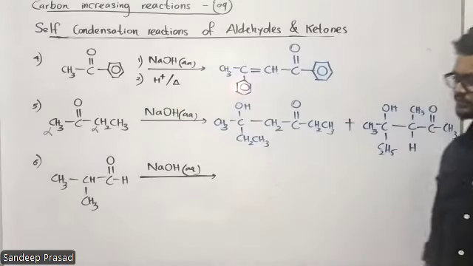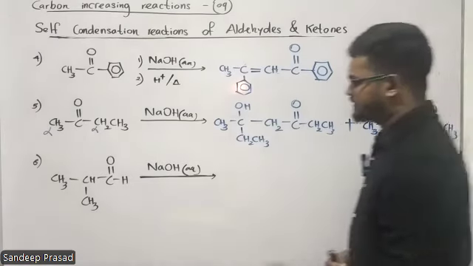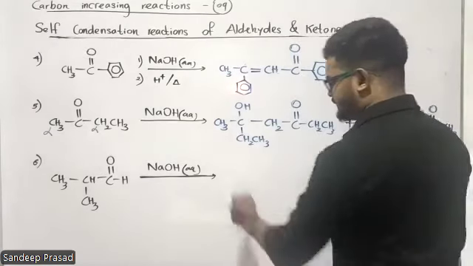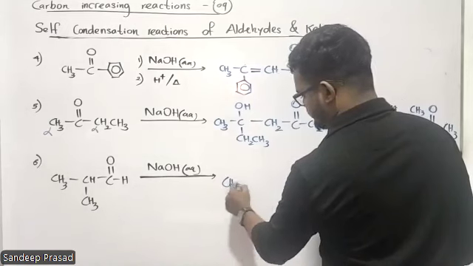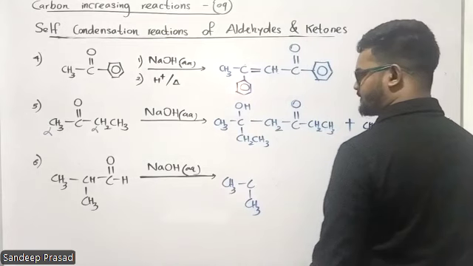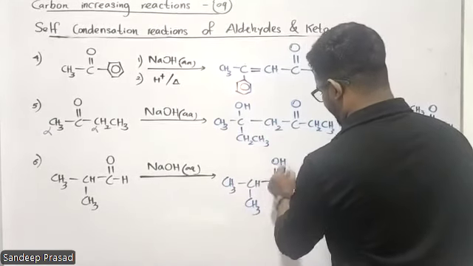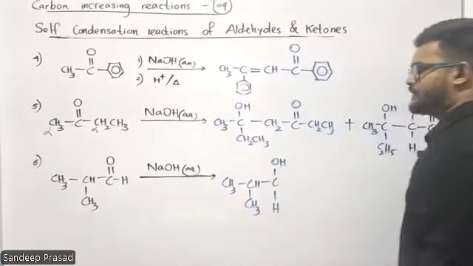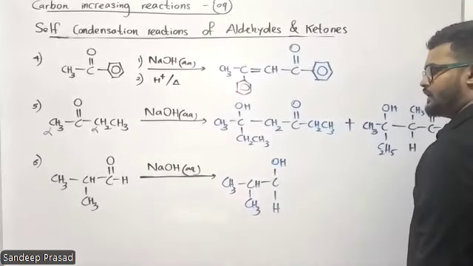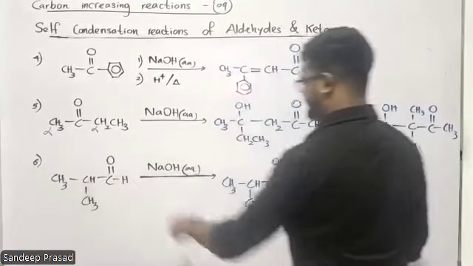What about the sixth one? How about the sixth one? So I can say that in the sixth one, CH3, hydrogen. We can take this as OH and the hydrogen can be taken down here. And this is the alpha carbon and the alpha hydrogen can be eliminated.